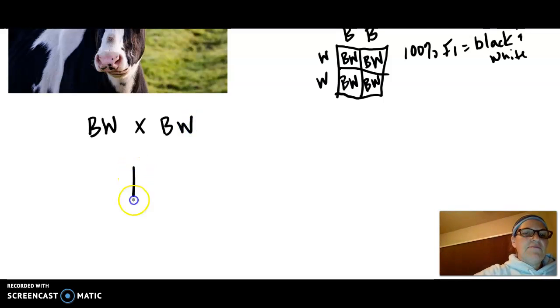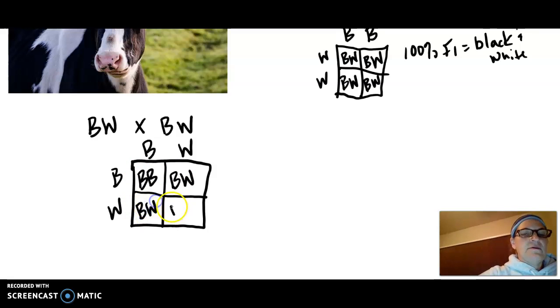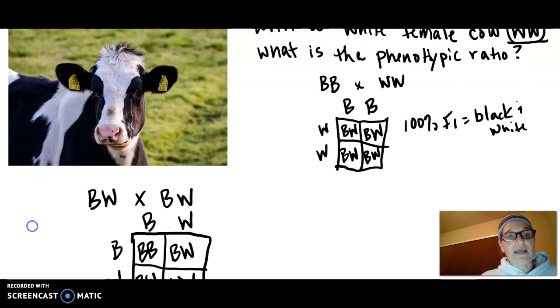And so if I put this into my Punnett square, each parent can give a B and each parent can give the W. You are going to find that the black and white male and female, they're both heterozygous. It is codominant, so they express themselves as black and white color, just like this cow here.